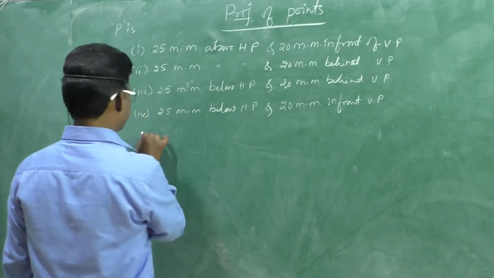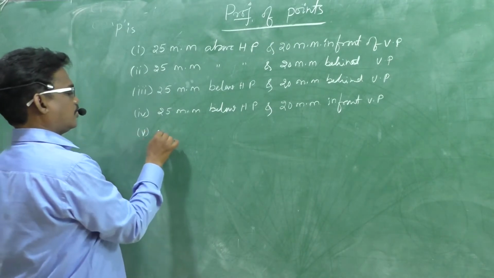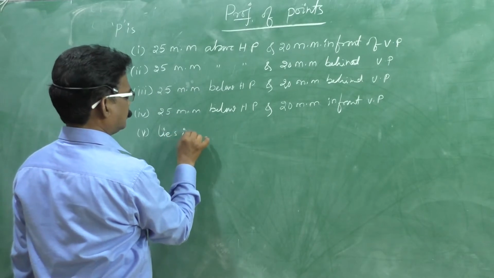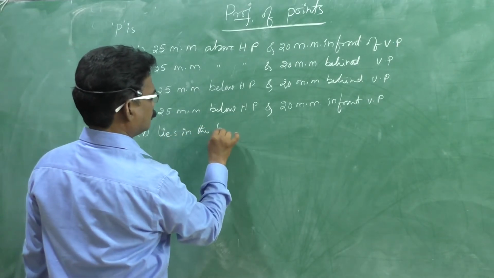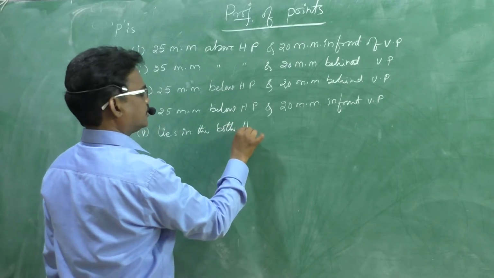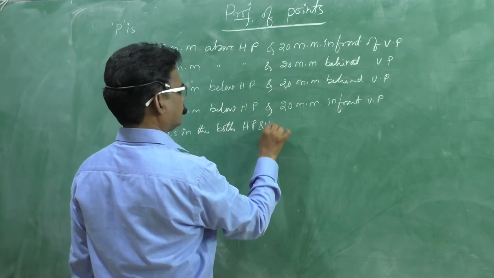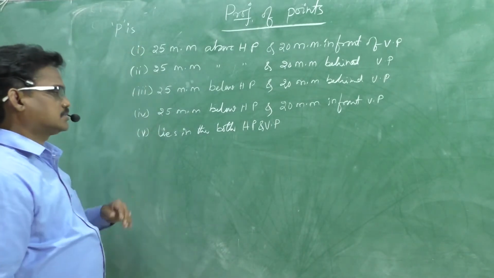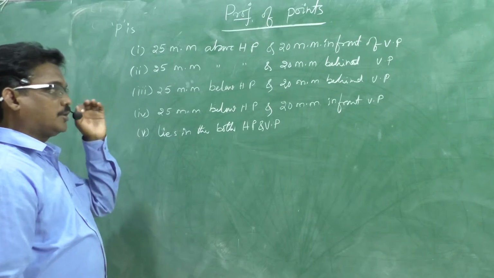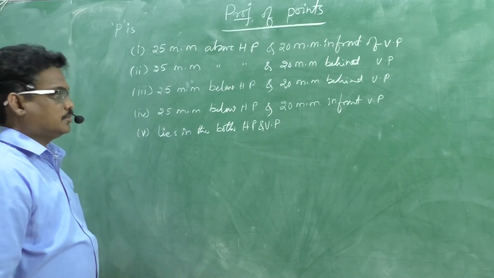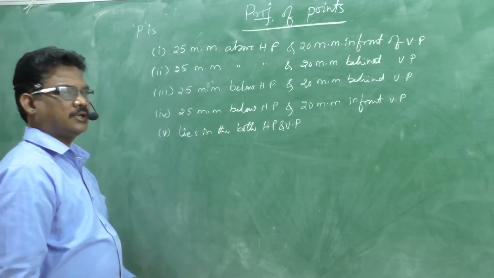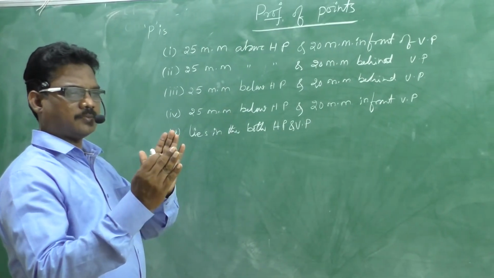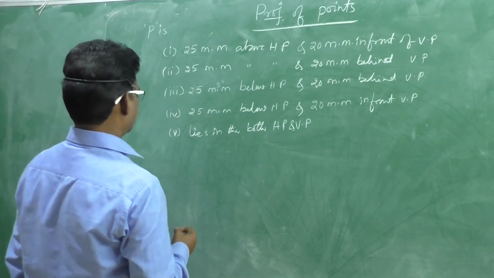Next, fifth case, point P lies in both HP and VP. Okay, these are the 5 cases we can consider for point P, and we need to draw this by keeping a distance of 25 mm in between the projectors.